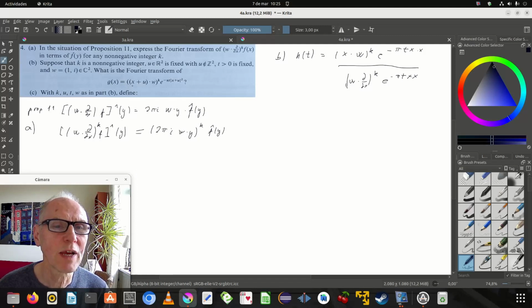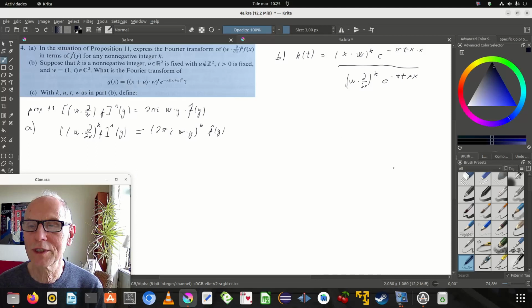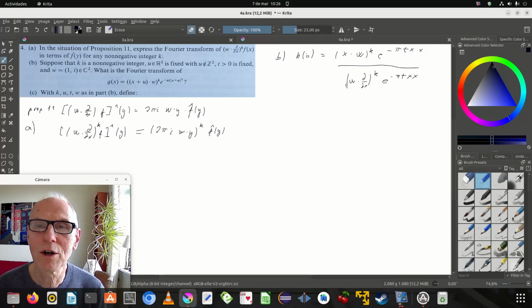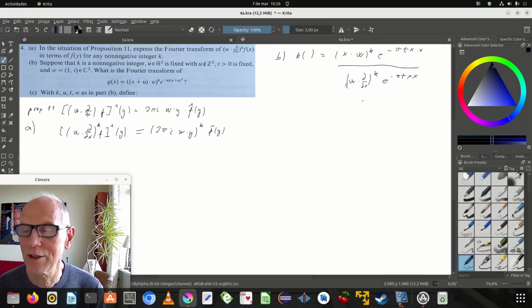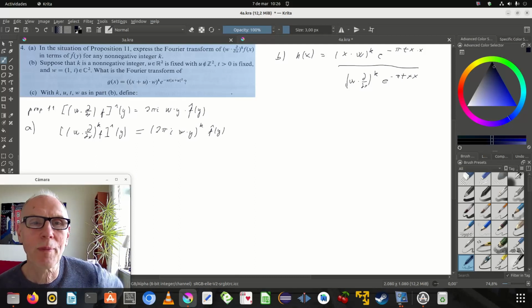It's a function of x, so it's not a function of t, it is a function of s, of x. So I just got very confused.